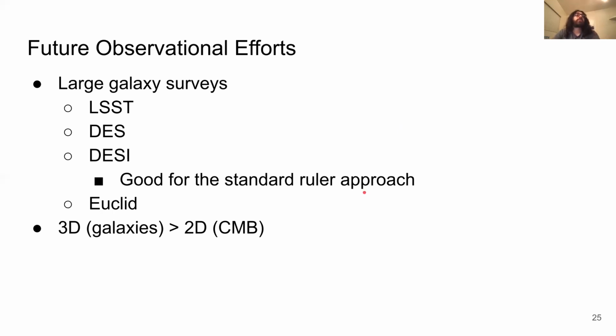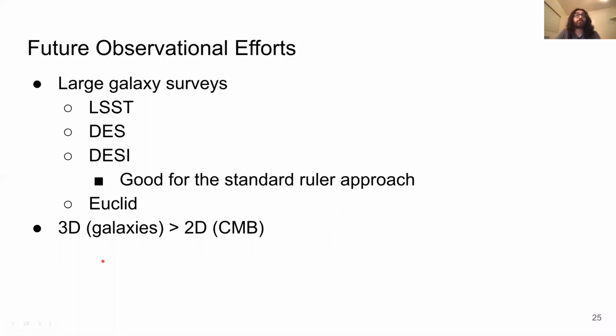And in general, the sheer amount of data we'd be getting in these three-dimensional galaxy surveys would be much greater than the two-dimensional data sets from stuff like the CMB, which is one of the reasons why the bispectrum is an increasingly popular statistic to look at, as opposed to, say, the power spectrum of stuff like the CMB.